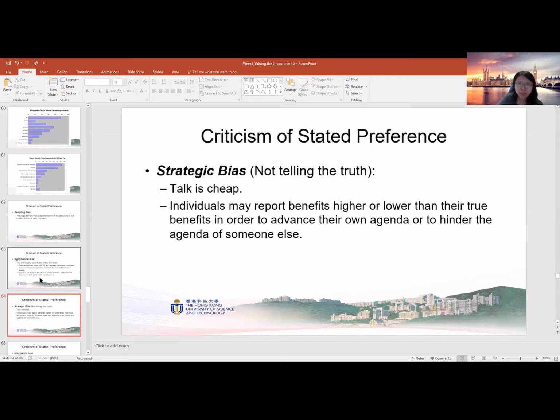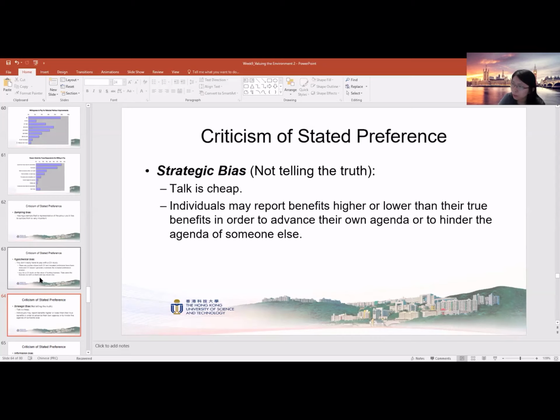Yes, indeed. I guess strategic bias, as well as directional strategic bias, depends a lot on the decision rule of whether or not these projects get built, and second, how these projects are funded. Imagine we're crowdfunding for a basketball field at Hong Kong UST, and the payment method is framed in a way that we are adding up everyone's valuation.